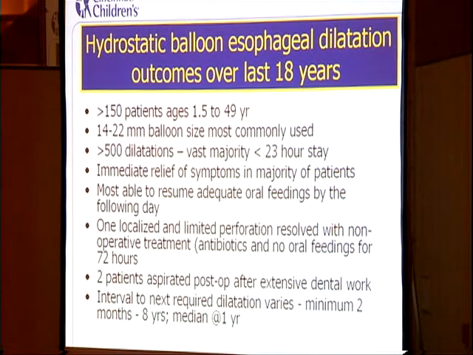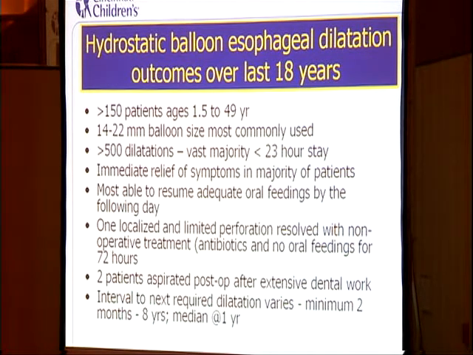The length of time between dilatations really varies from patient to patient. We have some patients who require it every 3 to 4 months, and others can go 6, 7, 8 years.